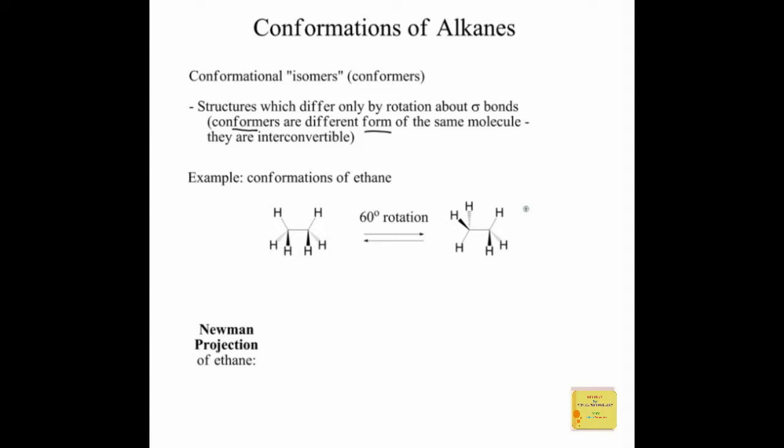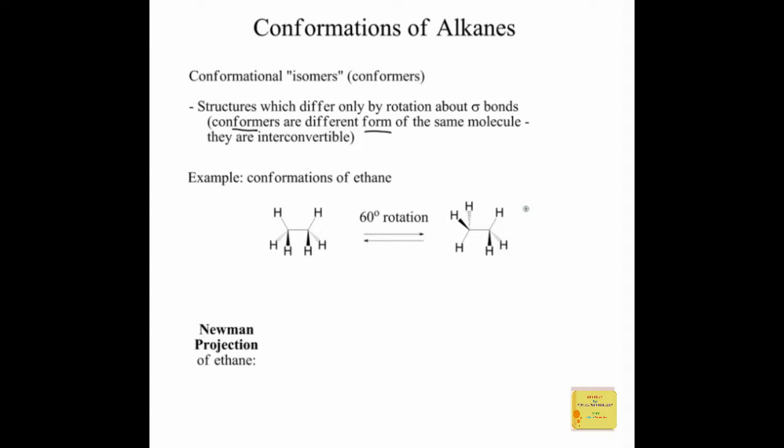The various conformations that ethane can have are these. We can simply rotate around this carbon-carbon bond, and in doing so, this molecule is going to have a different three-dimensional shape. And the relationship of, let's say, this conformer to this conformer, they're called conformational isomers or conformers.